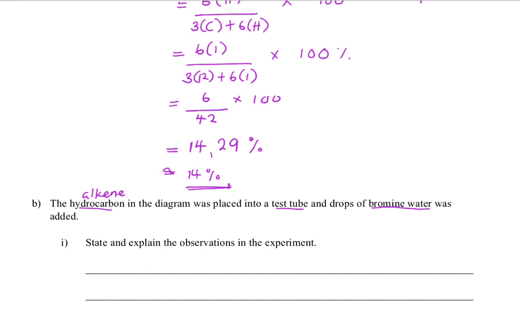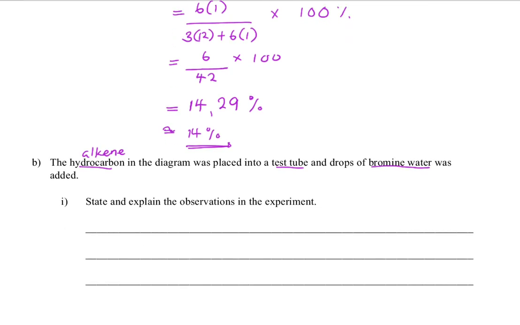First question of that is state and explain the observations in the experiment. So the observation we get is that bromine is brown in color. With bromine water, it decolorizes.